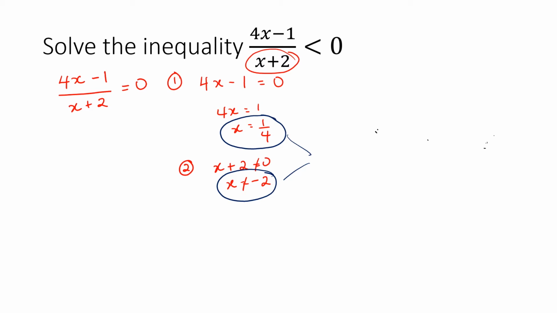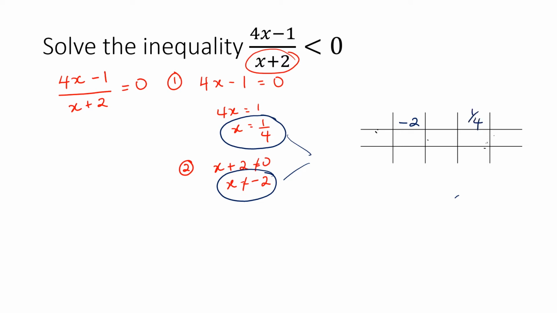So we're going to check: is the inequality true between these two values, -2 and 1/4, or is it outside these two values? So we're going to draw a table and put those values in. We start with the lowest value, which is -2, and then the higher value, which is 1/4.